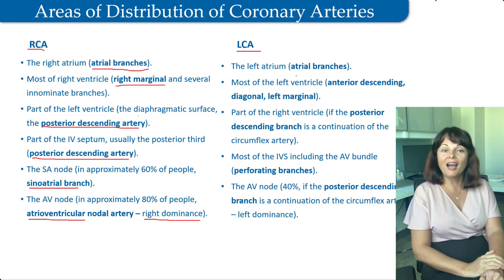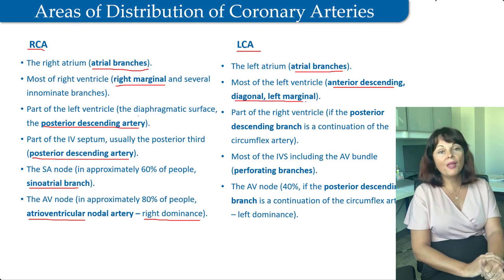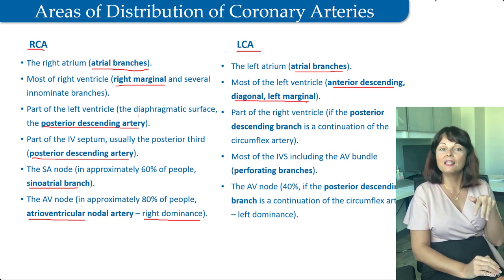The left coronary artery supplies the left atrium. We have some atrial branches here, most of the left ventricle, via the anterior descending and diagonal branches, and the left marginal branch is here too.